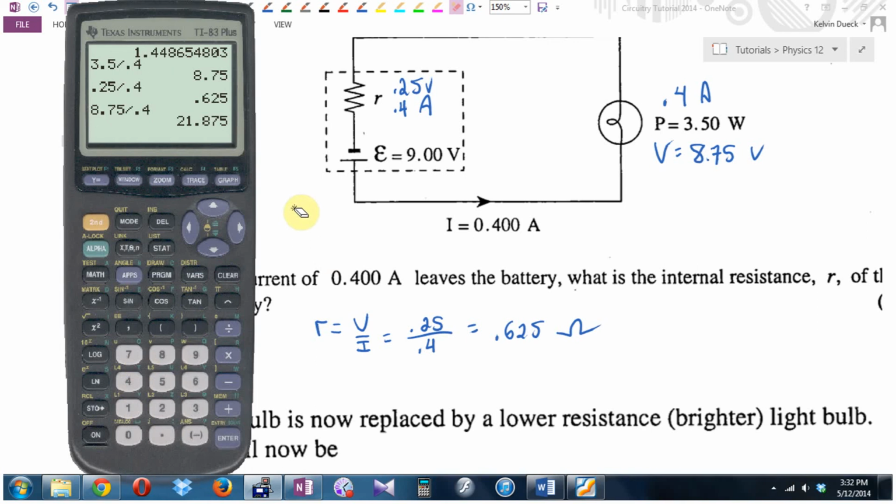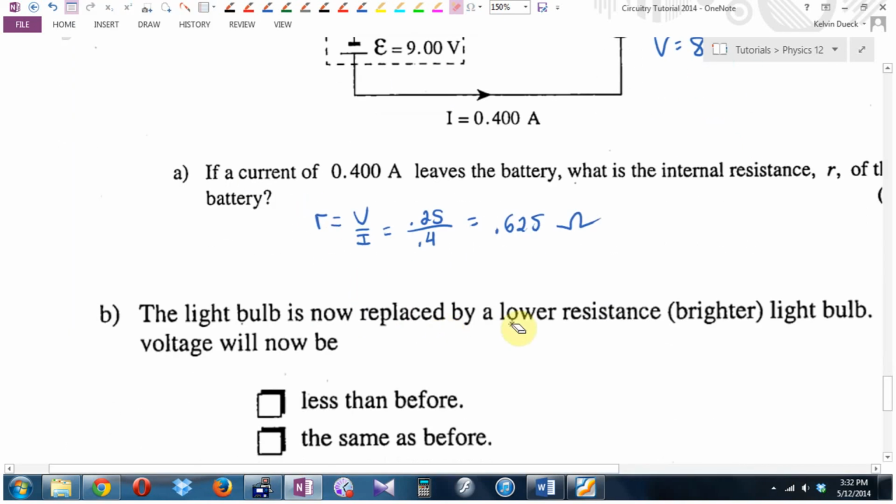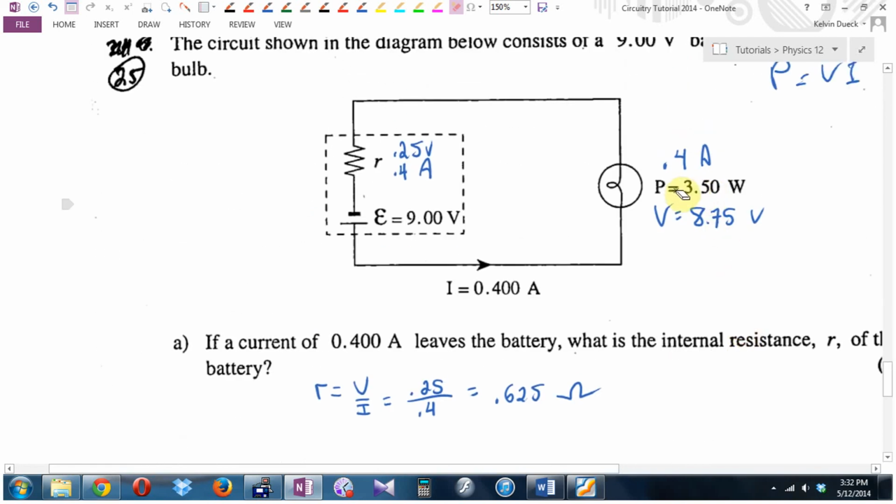It says it's replaced by a lower resistance or a brighter light bulb. Brighter means what? More power. This just got bigger. If that got bigger, what would happen to current?